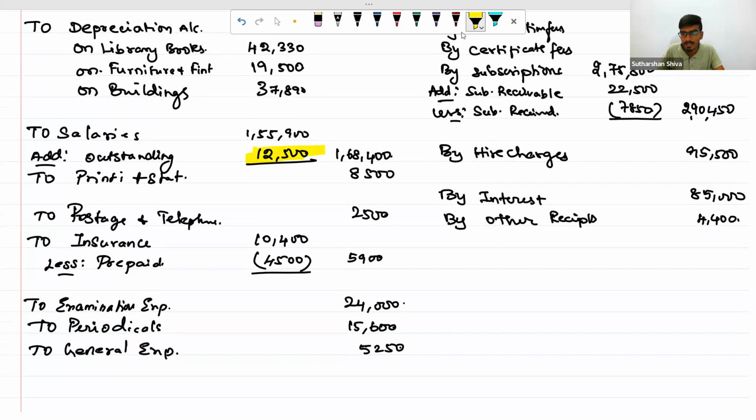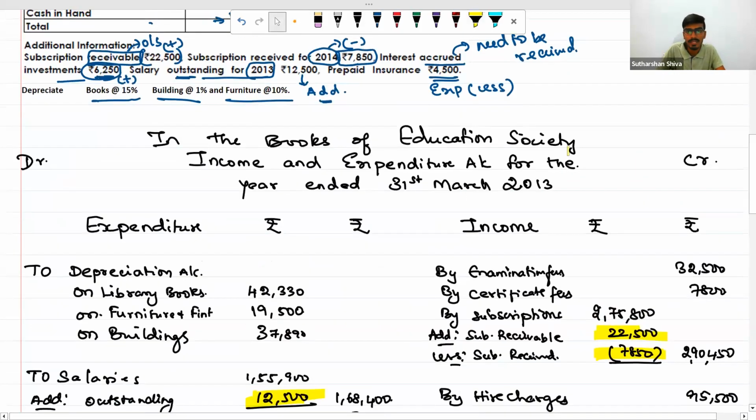Outstanding subscription, subscription received, prepaid, and one more thing which we have not yet shown, regarding interest accrued. Everything needs to be shown twice. All the adjustments in the additional information need to be posted twice in your main answers. So in those cases, I'm just doing that posting alone.